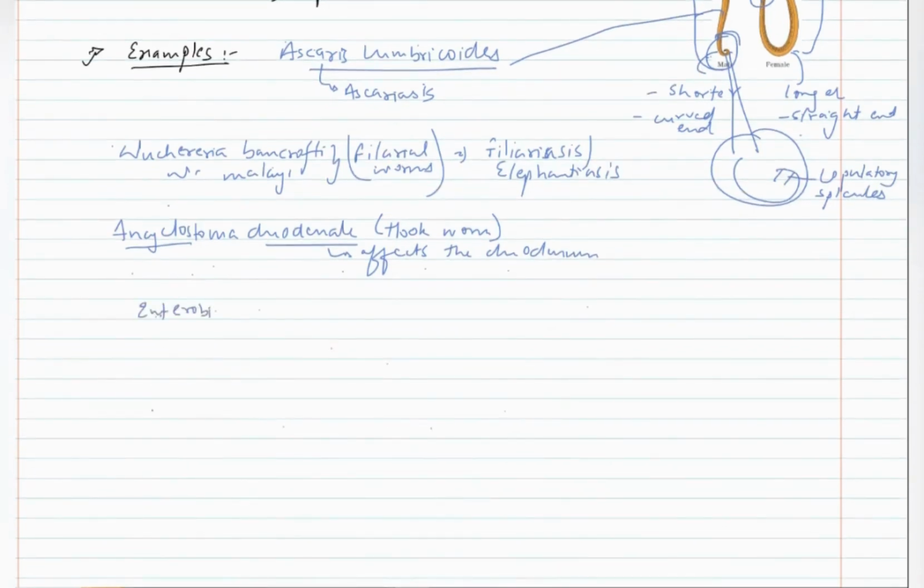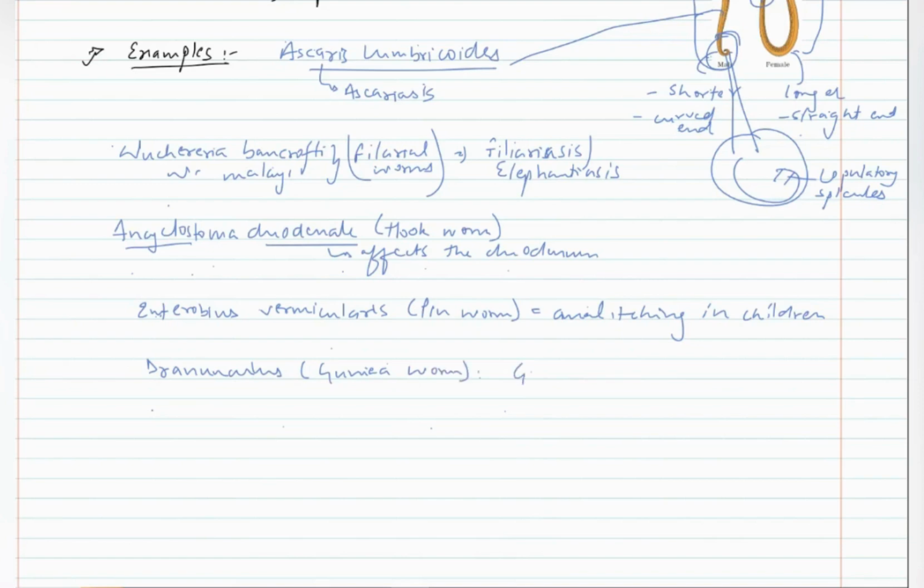Next, we have Enterobius vermicularis, also known as pinworm. It causes anal itching in children. Next, we have Dracunculus, also called guinea worm, and it causes guinea worm disease.